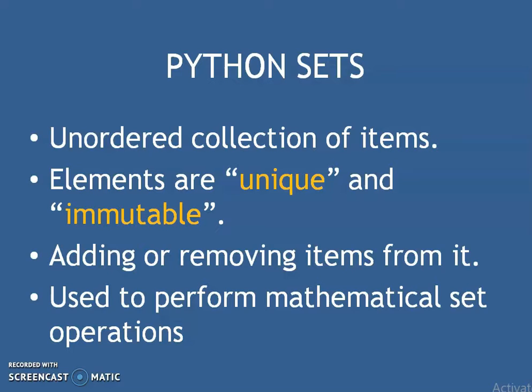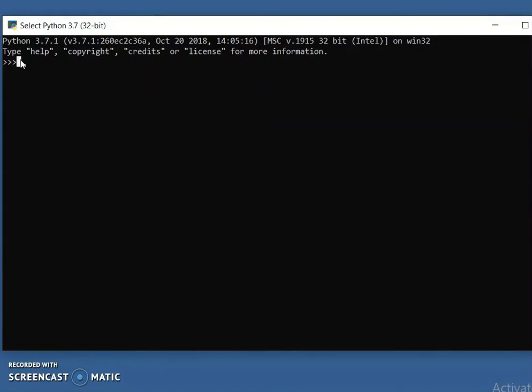Sets can also be used in mathematical operations like union, intersection, symmetric difference, and more. Before we see how to add an element, let's see how to create a set. First I will create a set, for example.